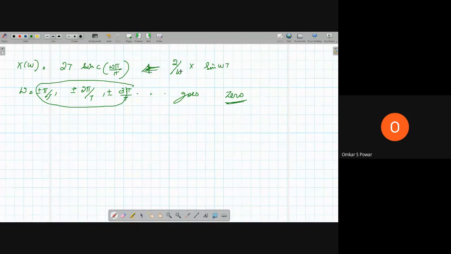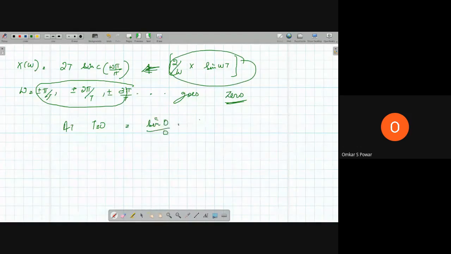To get the value at omega equal to 0, if you substitute, it will be sine 0 by 0, so it will be a 0 by 0 form. Then what do you have to apply to get the value? You have to apply L'Hospital's rule. So I will apply L'Hospital's rule to this.